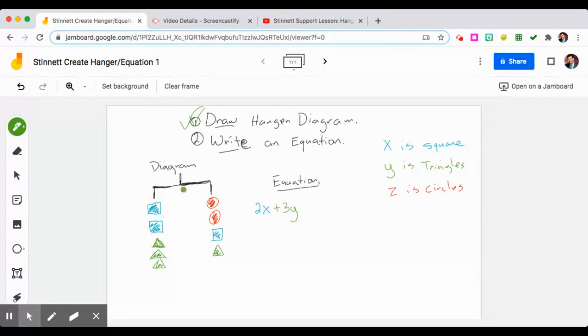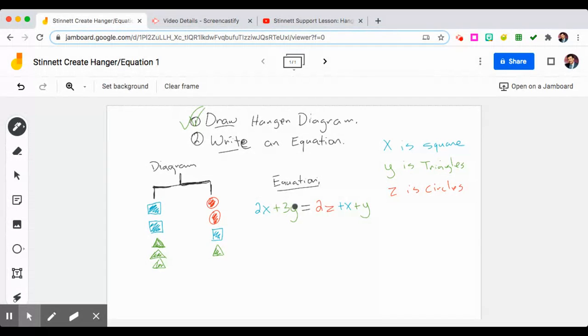On my right side, I have two circles, so I have two z's, because those are circles, plus what do I have? Plus one square, so plus x. I only have one square, so just one x. And then I have one triangle, so plus one y, so just a y, because that's the triangles. And what am I missing in the middle? That has to be in every equation, my equal sign.